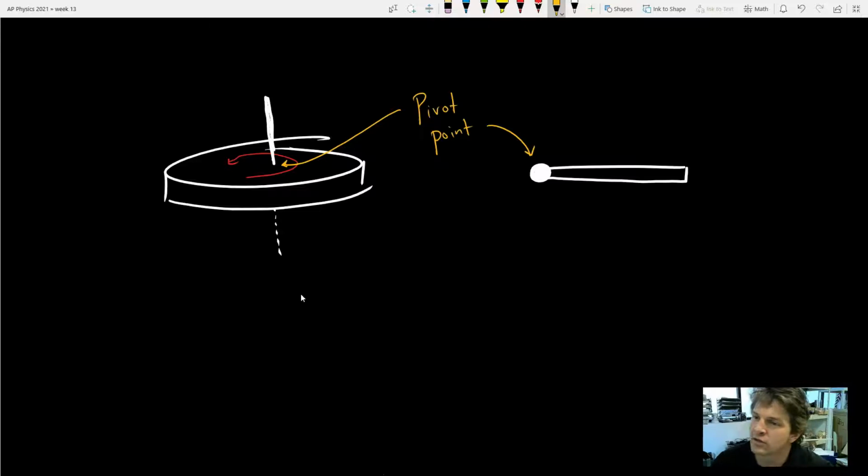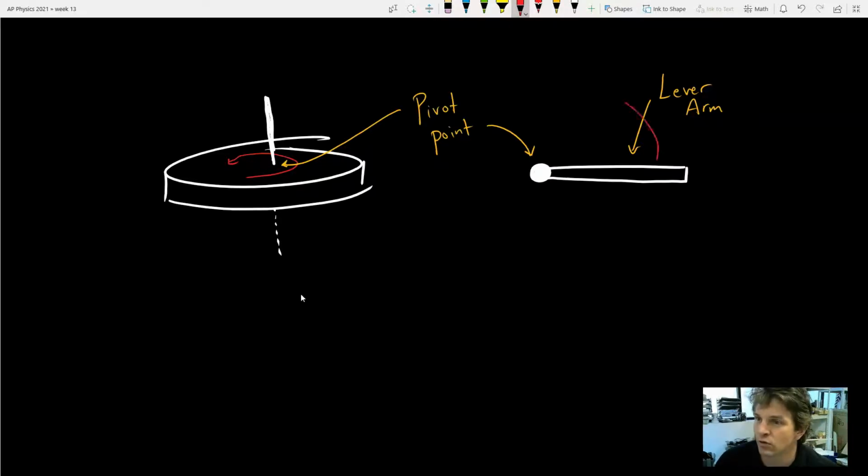And then the other thing is, if there's a bar like this, kind of like a door, if this thing is what's rotating around, then this is what we call a lever arm. Okay, so the whole thing that's rotating is called a lever, or a lever arm. And yeah, okay, that is kind of our different types of objects that can rotate.